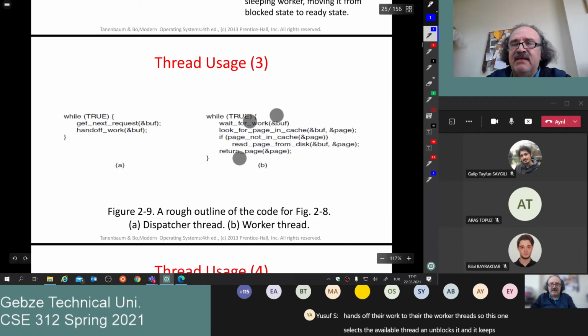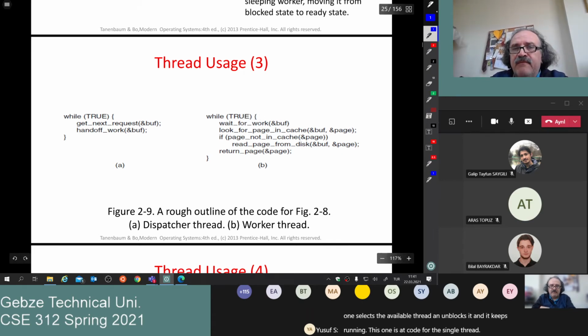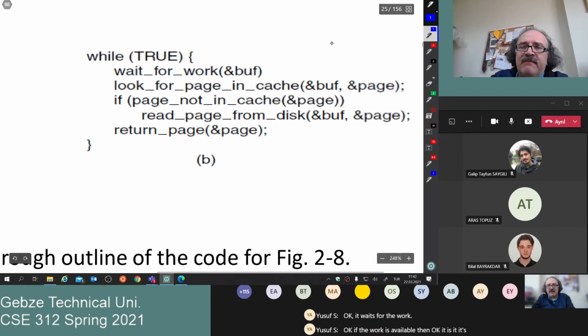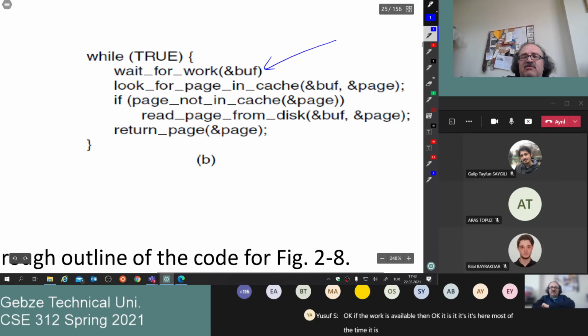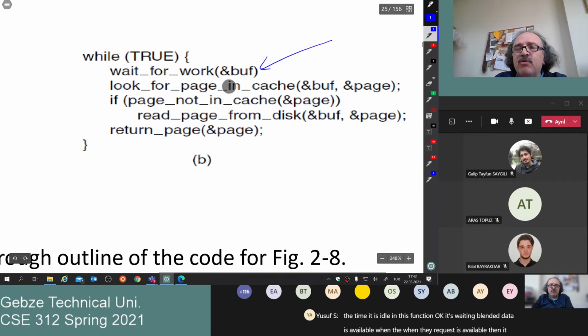This is the code for a single worker thread. It waits for the work. It sits here most of the time; it is idle in this function. When the request is available, it says, I am going to see if the page is available in my buffer, in my memory.